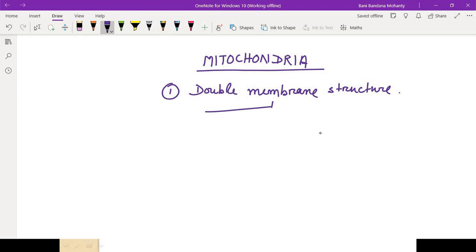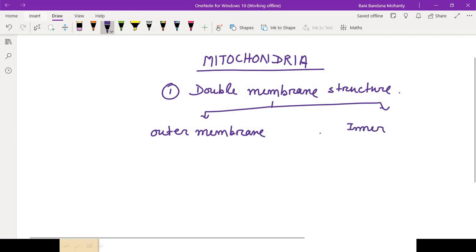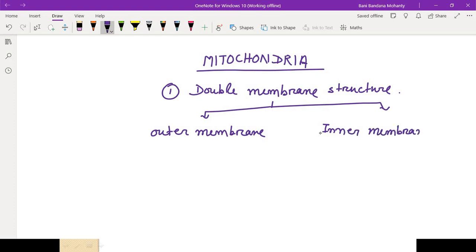That means it consists of an outer membrane and an inner membrane. Here I'm writing inner membrane.